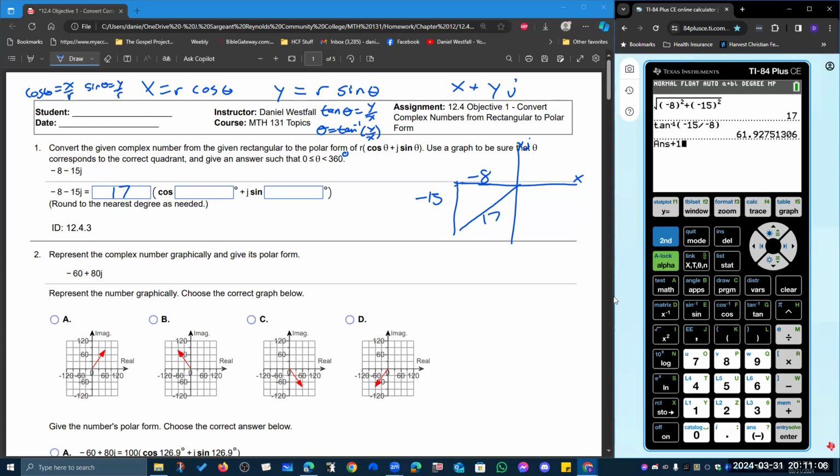So I'm going to add 180 degrees to my answer here. To the nearest degree, we're going to call this 242 and 242. That gives me my correct answer there.